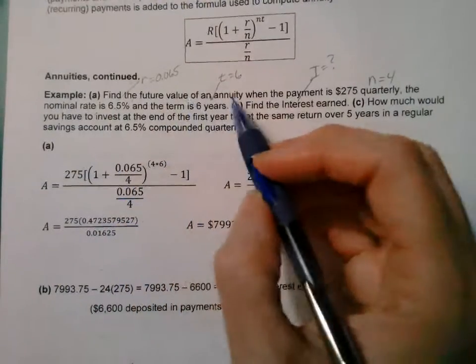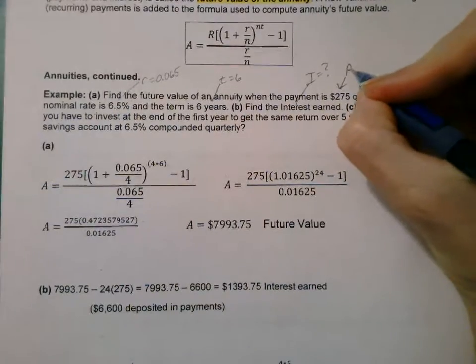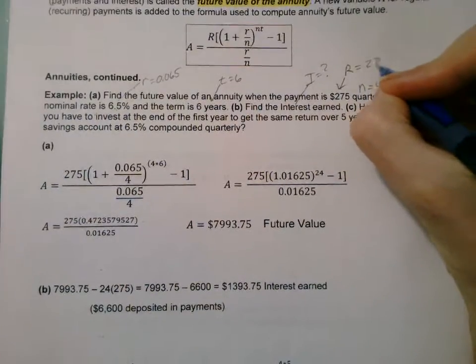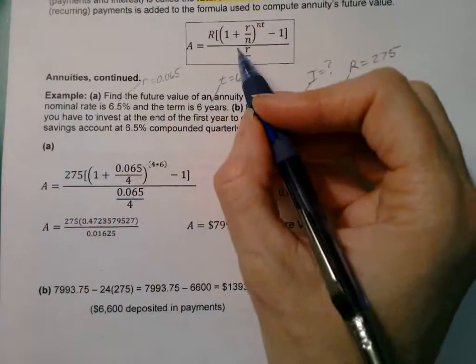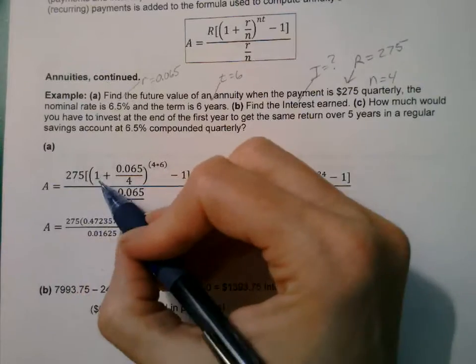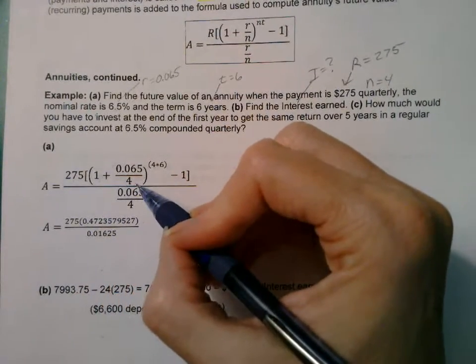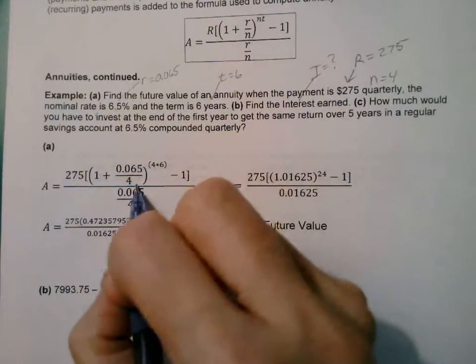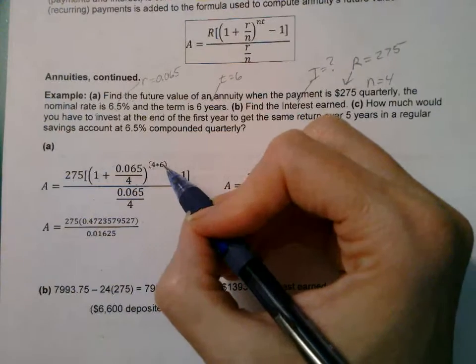Find the future value of an annuity when the payment is $275. Okay, so here's our formula. We're going to start substituting our uppercase R. There's a 1 in the formula, plus our interest rate. Our N, it's compounded quarterly, so that's a 4 times the term, which is 6.